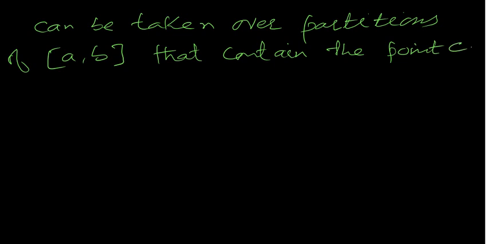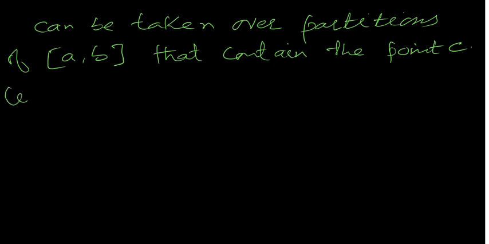In that definition of the total variation, the supremum can be taken over the partitions of AB that contain the particular point C. So now suppose we have a partition P that contains the point C, obviously.